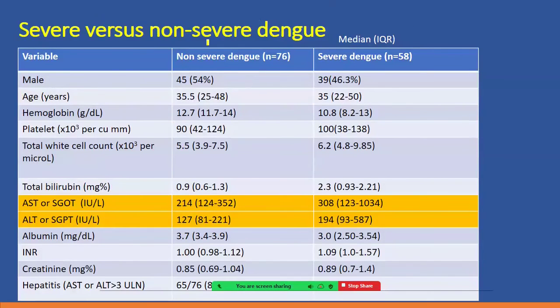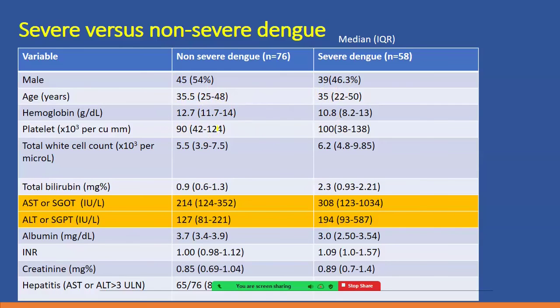So we also analyzed the baseline characteristics of the patients who had non-severe dengue and severe dengue. 54% of the patients were male, and these patients are relatively young, with a median age of 35 years in non-severe dengue, and the median in severe dengue was also 35. Hemoglobin levels were 12 in the non-severe group and 10 in the severe dengue group.